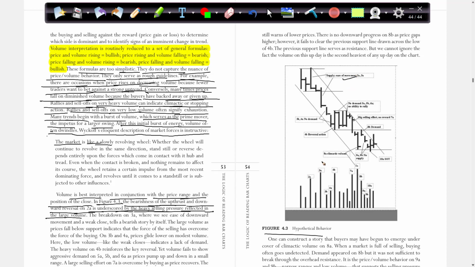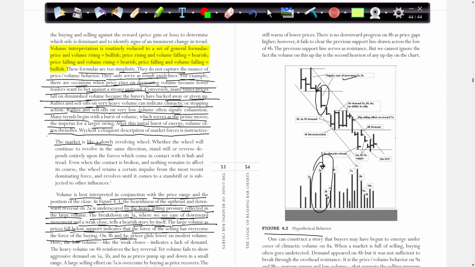The breakdown on 3A, where we see ease of downward movement and a weak close, tells a bearish story by itself. The large volume as prices fall below support indicates that the force of the selling has overcome the force of buying.